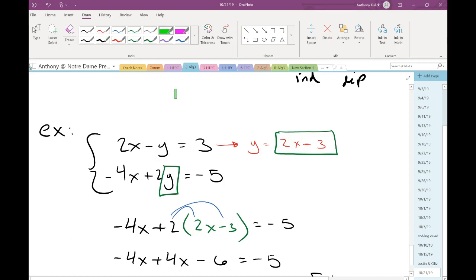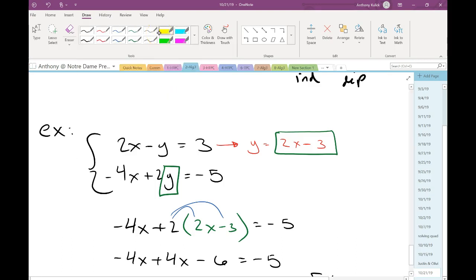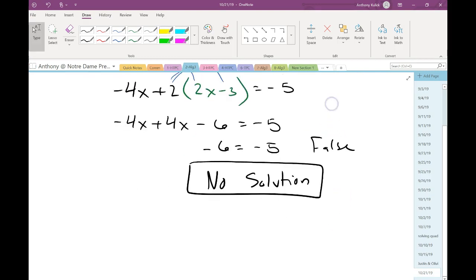Okay. So everybody, so far so good in terms of what these infinitely many solution, no solution situations are going to look like algebraically when we solve them? Grace? Sure.